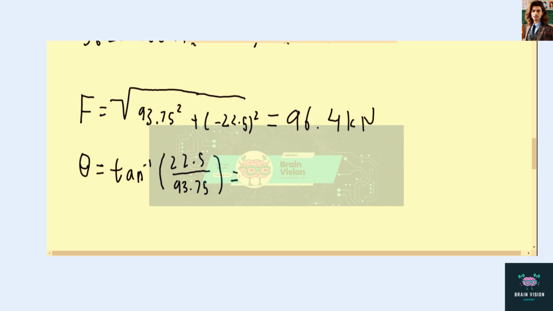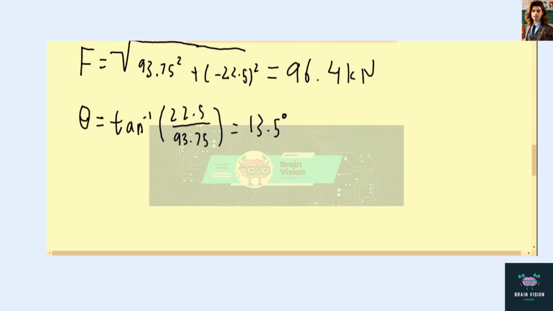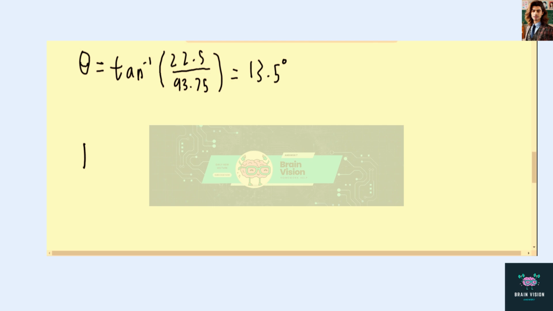And this will give us an angle of 13.5 degrees. So we can now say that the force is equal to 96.4 kilonewtons in the downwards direction at an angle of 13.5 degrees.